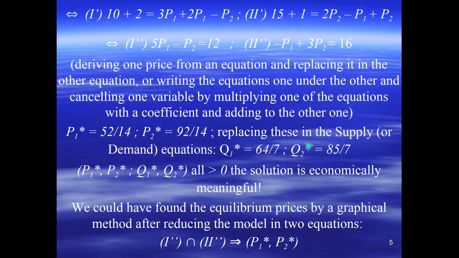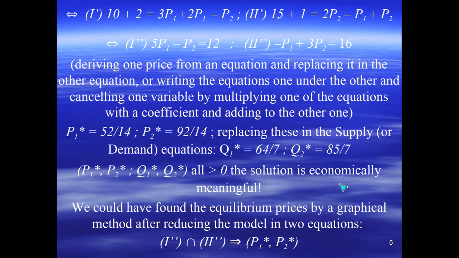These solutions are correct. I checked them. So you should find the same solutions as well if you make the calculations again. They are defined, their denominators are not zero, and they are all positive. P1 star, P2 star, Q1 star, Q2 star, all the equilibrium prices and quantities are positive.